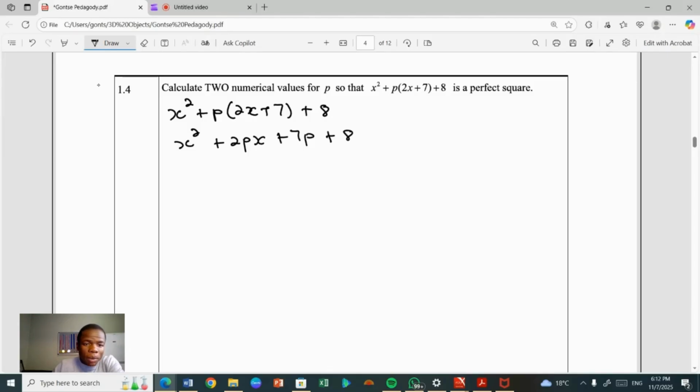Then from here you have x squared plus 2px.